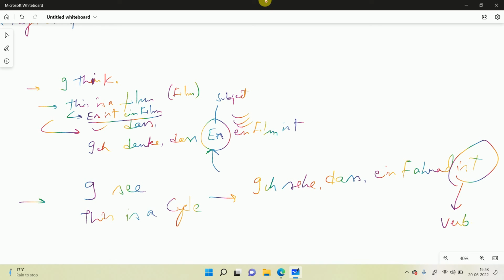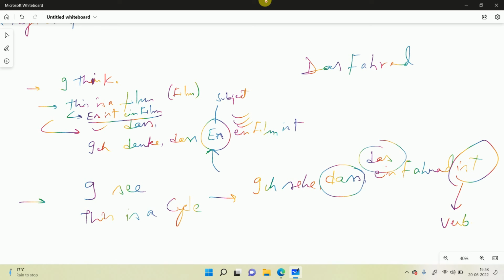Right? Ich sehe, dass das ein Fahrrad ist. Shivan, the Fahrrad is das, na? Yeah, das. Ich sehe, dass das ein Fahrrad ist. So here you have to be very careful, because there are two das coming back to back.